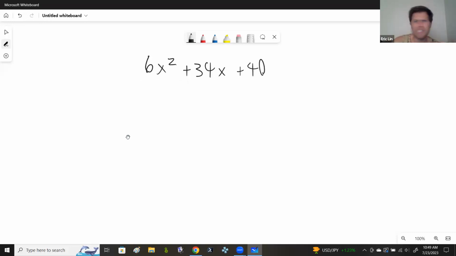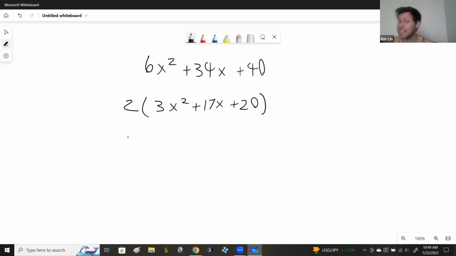This guy, we have the same issue where we should look at this and notice, first of all, that there is a common factor between all 3 of our terms. We can take a 2 out of each of our terms. So if I take out a 2, I'm left with 3x squared, 17x, and 20.